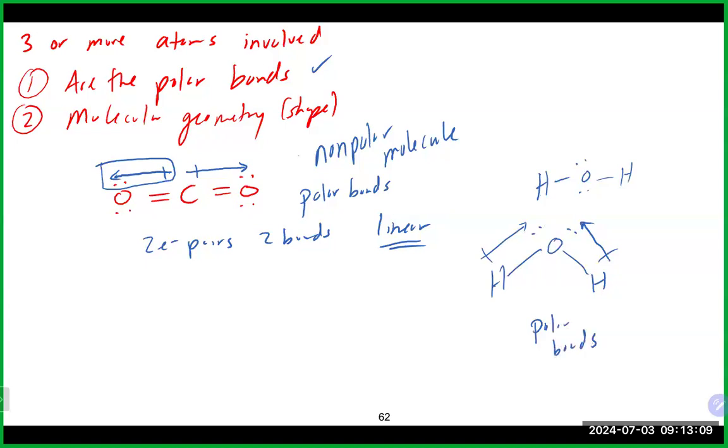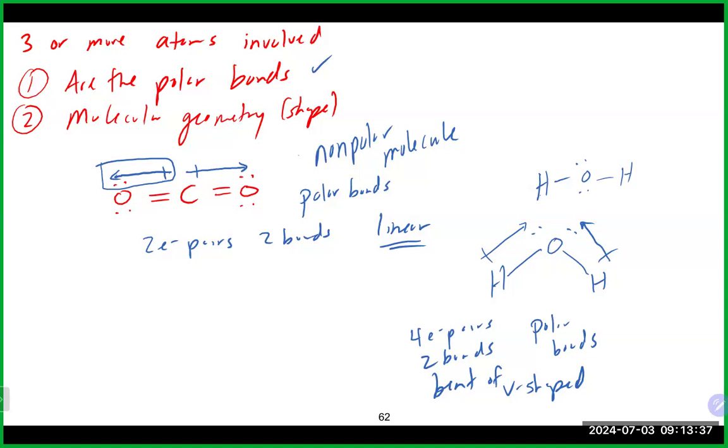Now, in this particular case, when we look at the geometry of water, it is 4 electron pairs and 2 bonds, which means that is our bent or V-shaped geometry. So essentially what we have is kind of this guy happening. We have polarity moving towards the top, almost like a string on top, right?